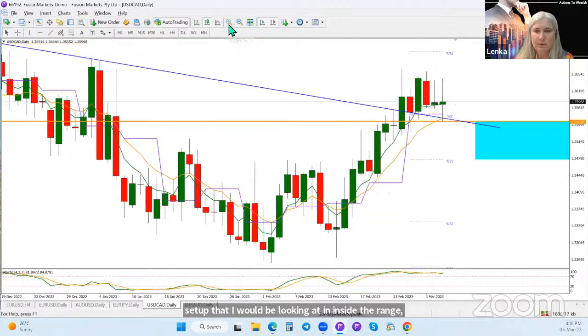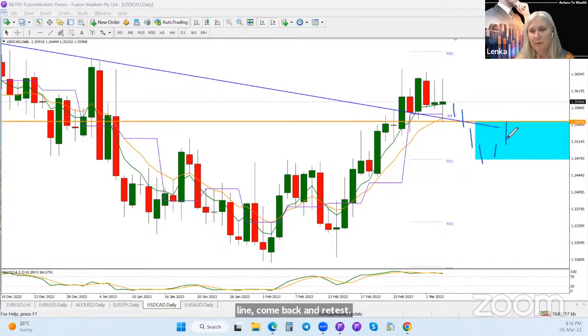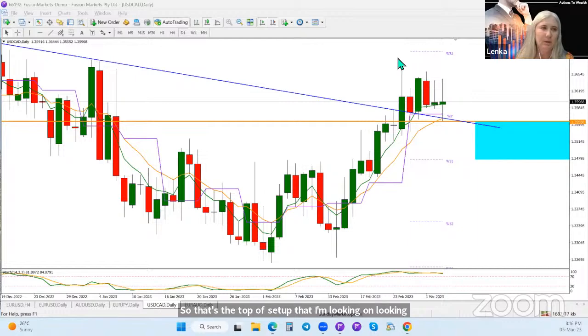So in terms of a false break, what I would be looking at in terms of the price range is the price to go, you know, maybe sideways for a bit more, but underneath this, back underneath that trend line, come back and retest that level, maybe retest that horizontal level as well with some kind of reversal. And then looking for short opportunities. So that's the type of setup that I'm looking for on a USD CAD.